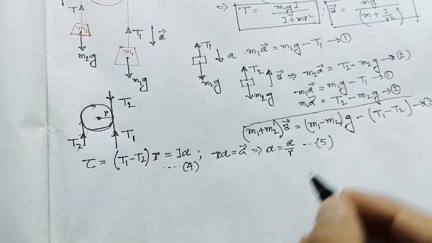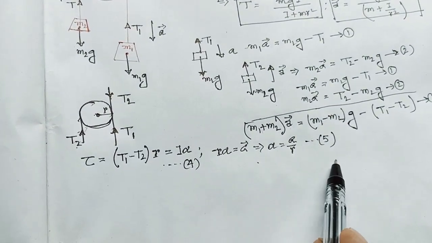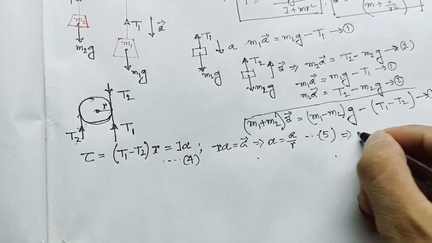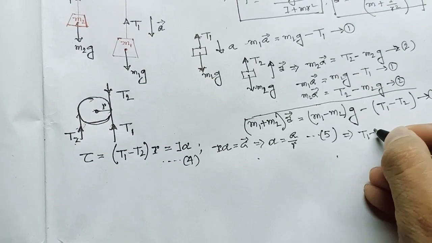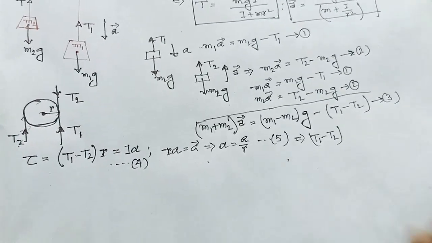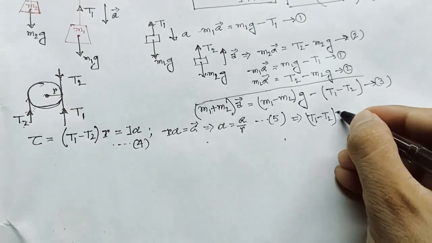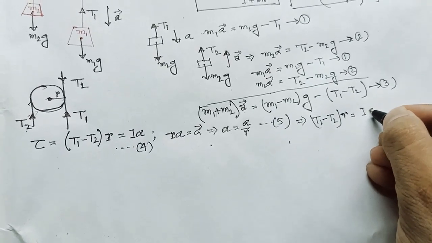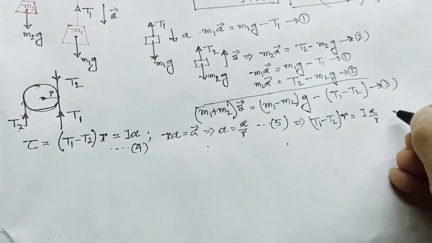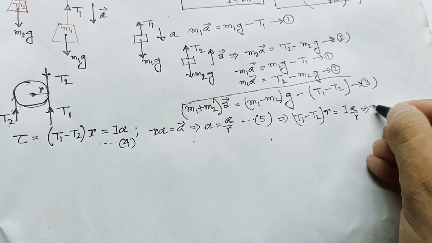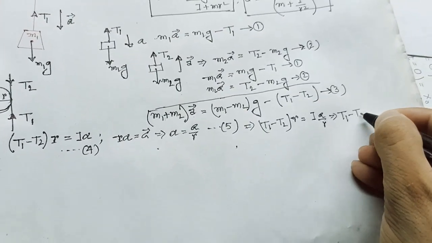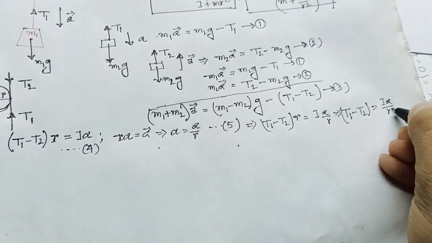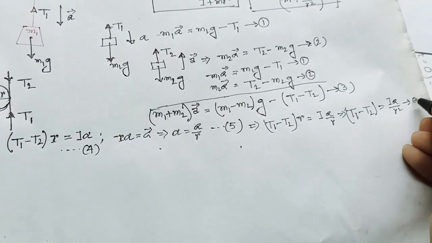If we substitute the value of alpha from equation 5 into equation 4, then T1 minus T2 into r is equal to I into a divided by r. So we can write T1 minus T2 is equal to I a divided by r square. This is our equation number 6.